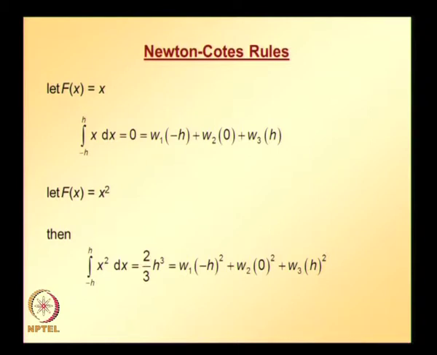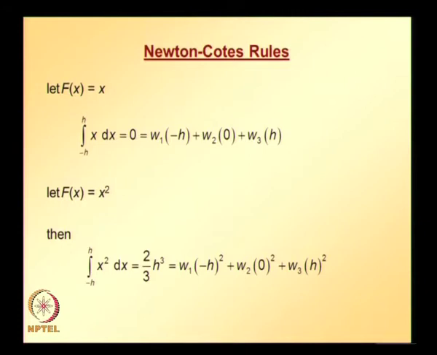So we got 3 equations. Since we need to determine 3 unknowns, we use the conditions fx equal to 1, fx equal to x, fx equal to x square, and using these conditions we got 3 equations. So we can solve these 3 equations for the 3 unknowns W1, W2, W3.